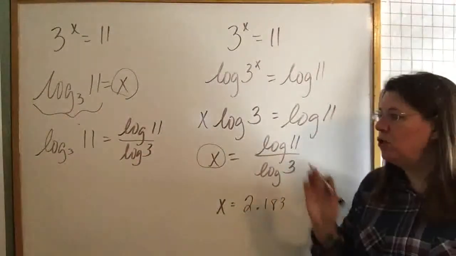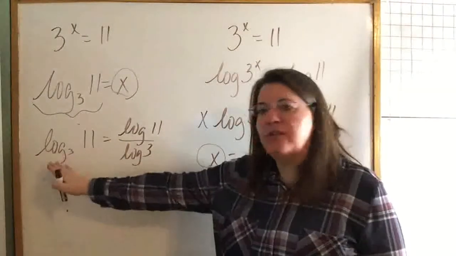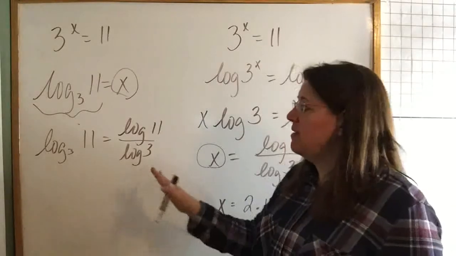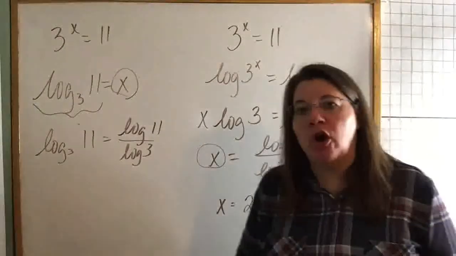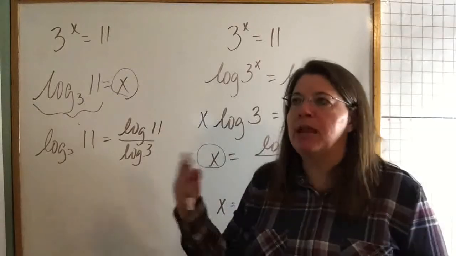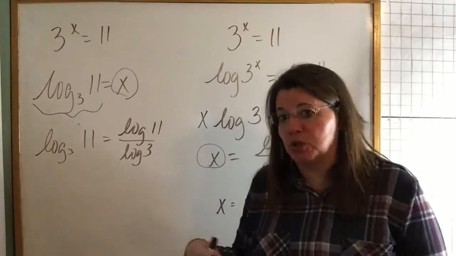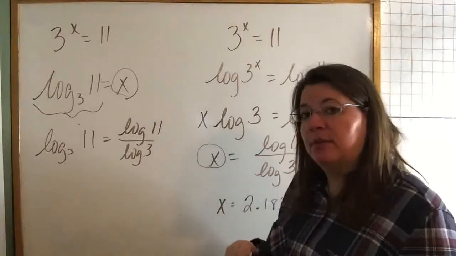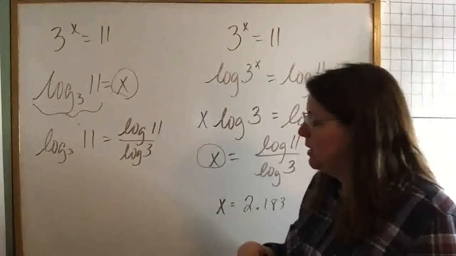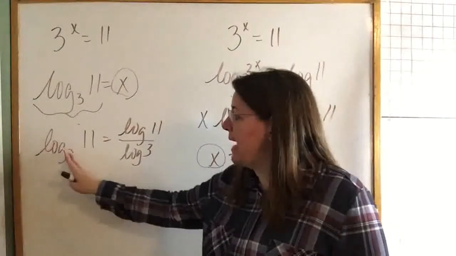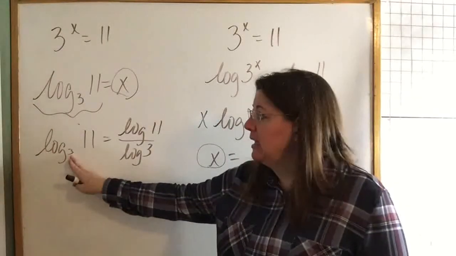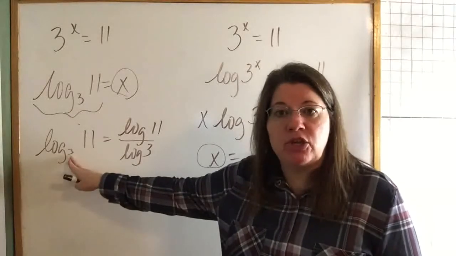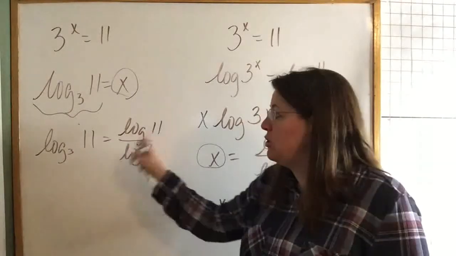Okay, so if you look at this, this is something called the change of base formula. And this is going to help you with some logs that we haven't been able, well, we've been able to solve them, but it took a lot of work to solve them. With this change of base formula, if you have a log base something of another number and your log base is something other than 10, now log base 10 you can just plug in the calculator, there's no need to do this.